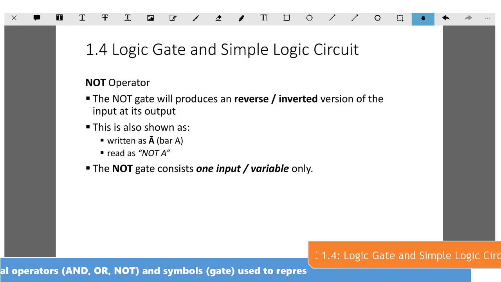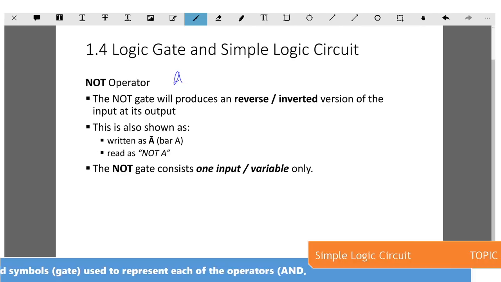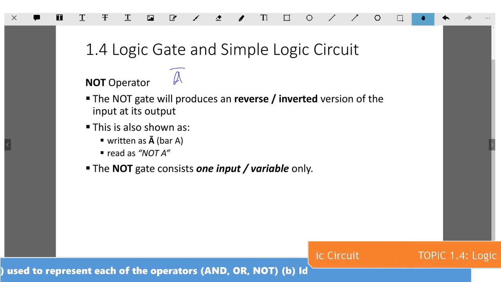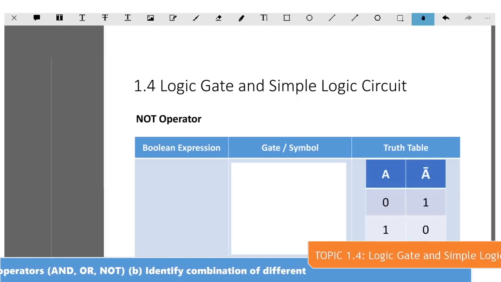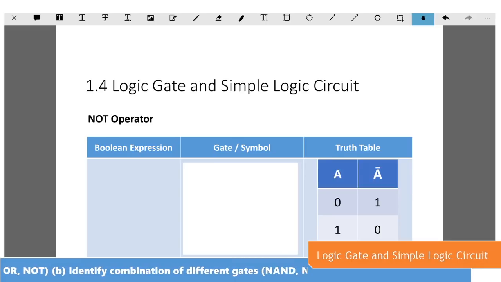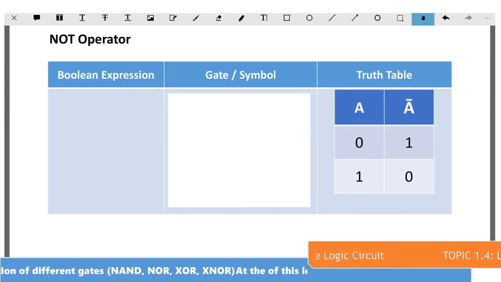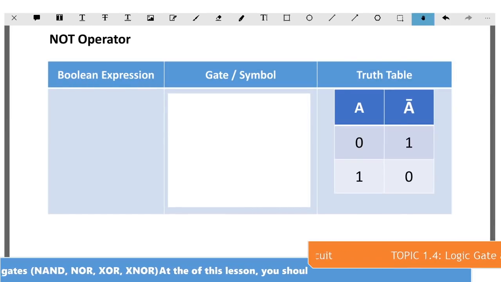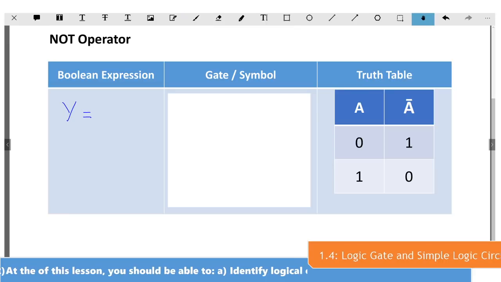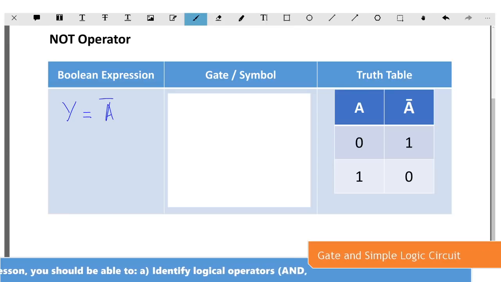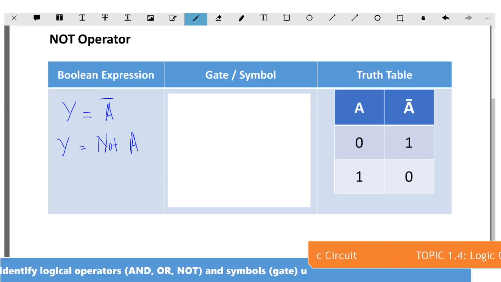The NOT operator is written as A bar and read as NOT A. The Boolean expression for the NOT operator is Y equals A bar, or Y equals NOT A.